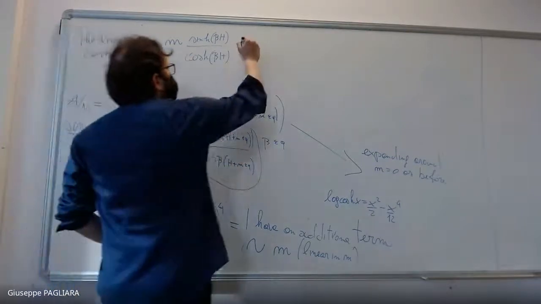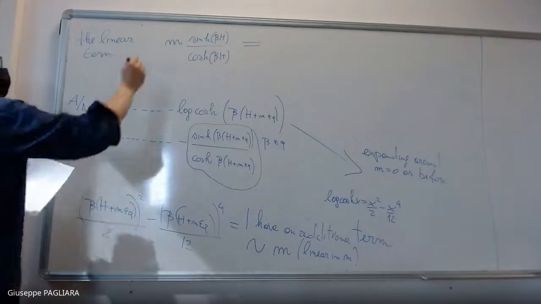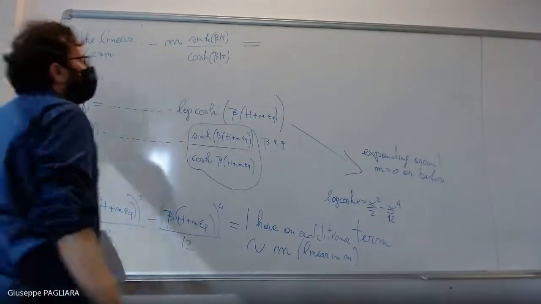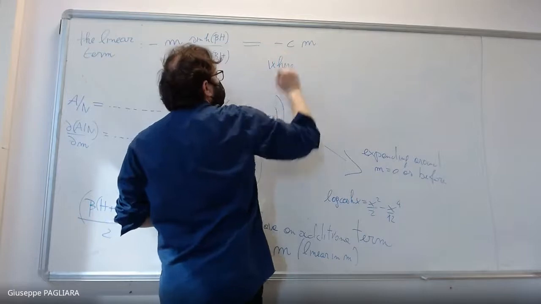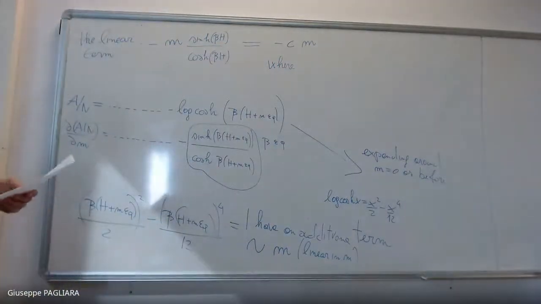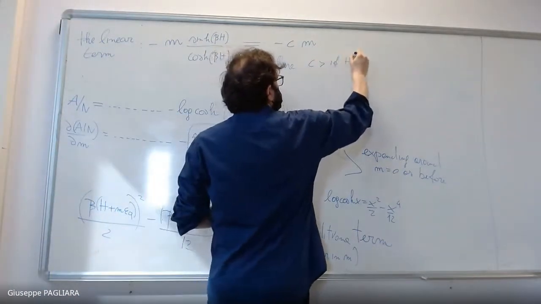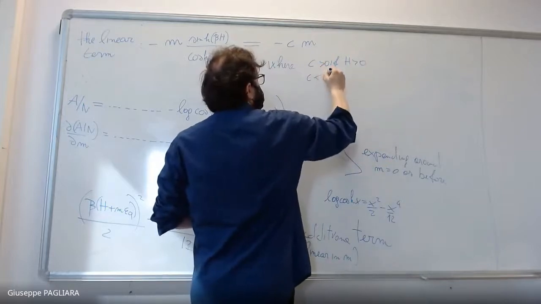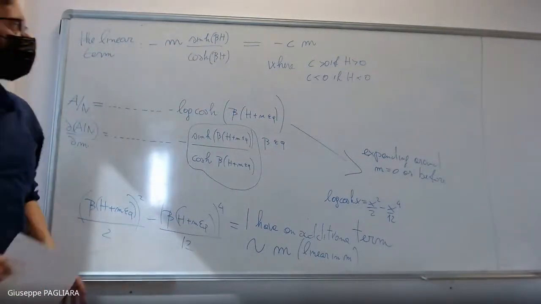I'm sorry, here there is an additional minus coming from this. So it's a minus c times m, where c is positive when h is positive, and negative when h is negative, because I have a sign here which is odd in h.